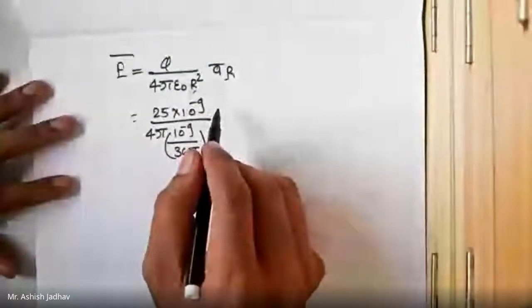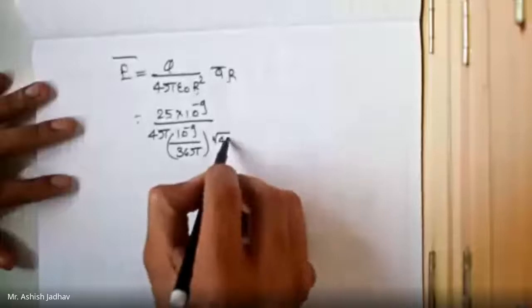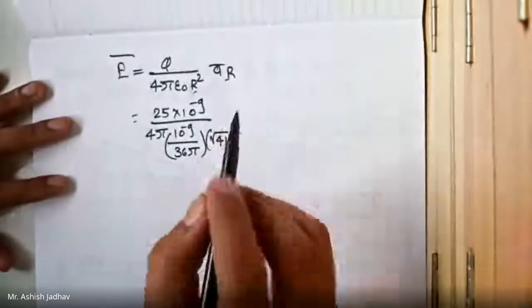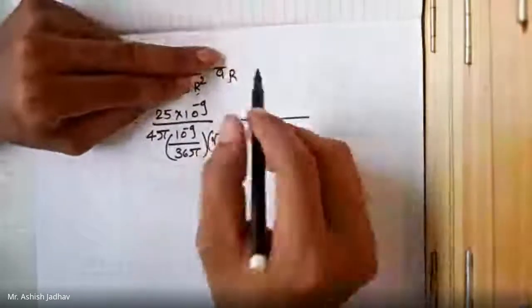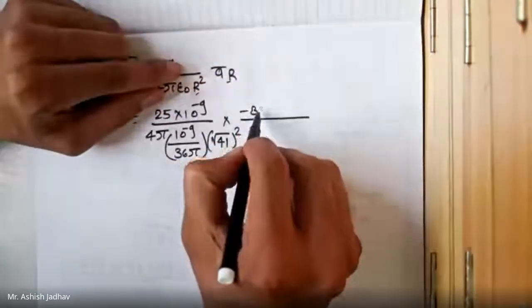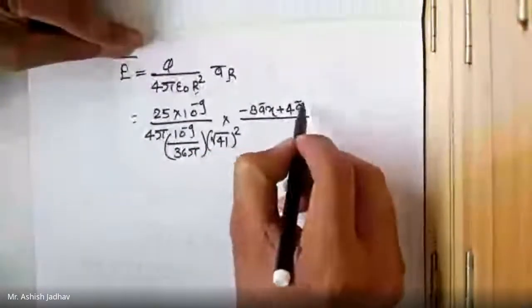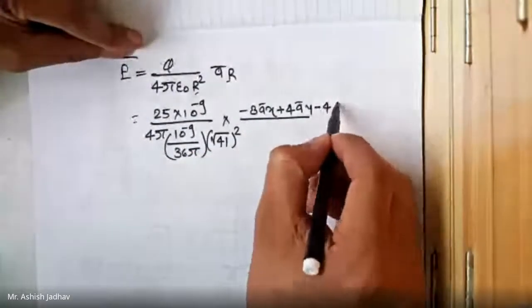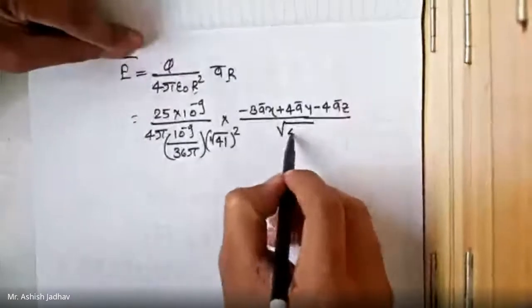So magnitude is under root 41. So under root 41 bracket square, multiplied by the unit vector minus 3 a bar x plus 4 a bar y minus 4 a bar z, divided by 41.